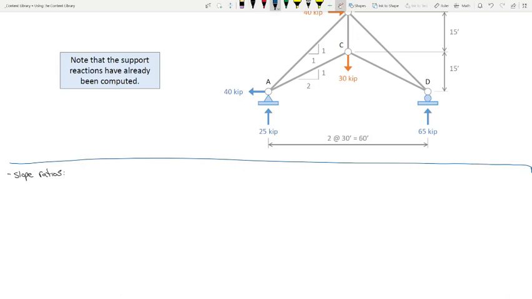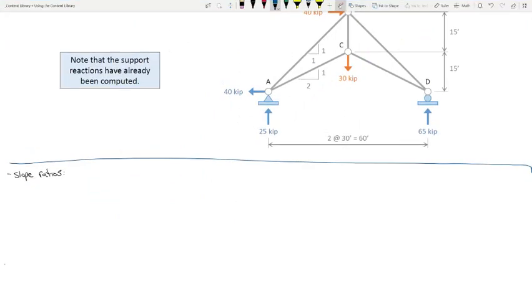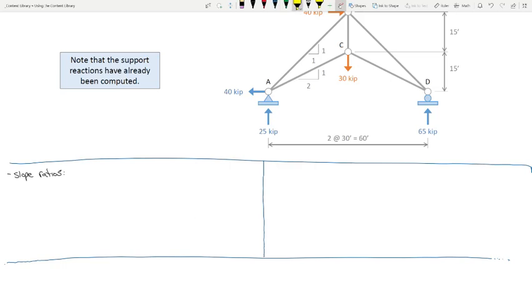So I'm gonna do this, and I'm gonna sort of split this up like that because I want to look at two different members. I want to look at member AB, and I want to look at member AC. Okay, so let's look at member AB.